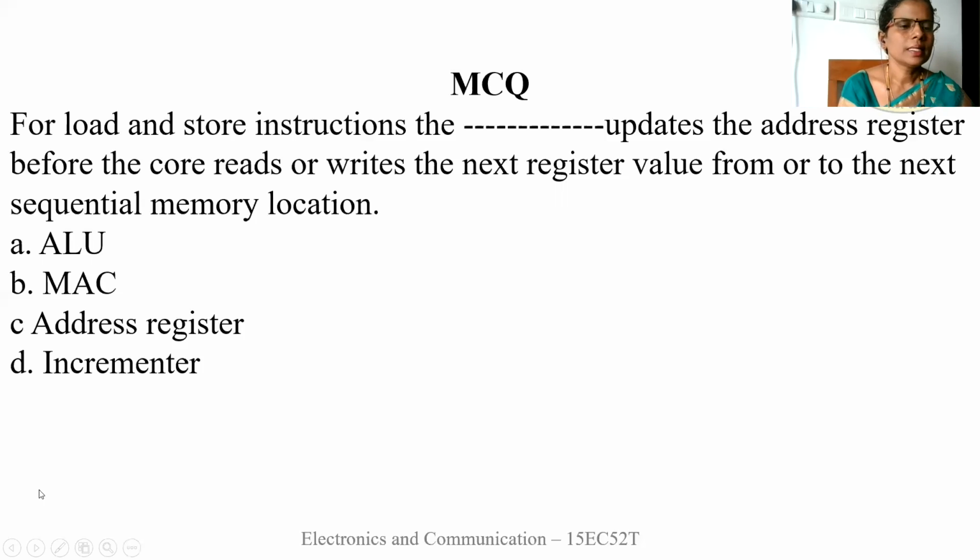The options are ALU, MAC, address register, incrementer. ALU, no, it will not increment the address. It does arithmetic and logical operations. MAC, no, it performs multiplication between the 2 operands coming on A and B bus. Address register, it holds the address. Incrementer is the right option because it increments the address register content.